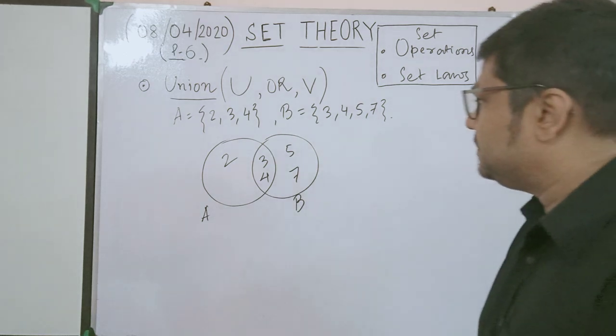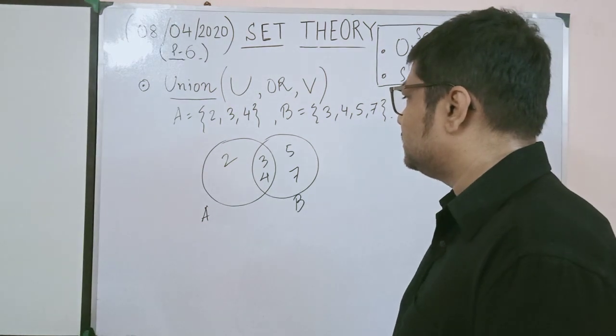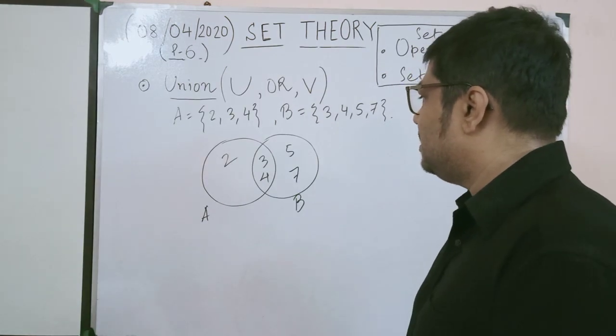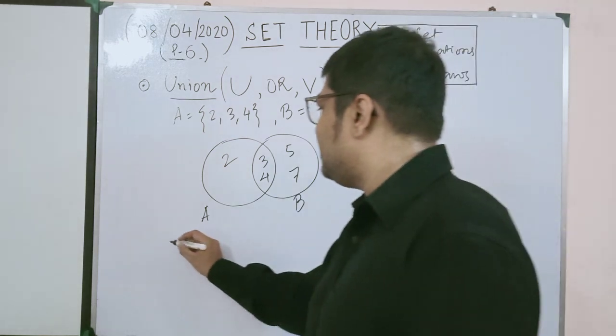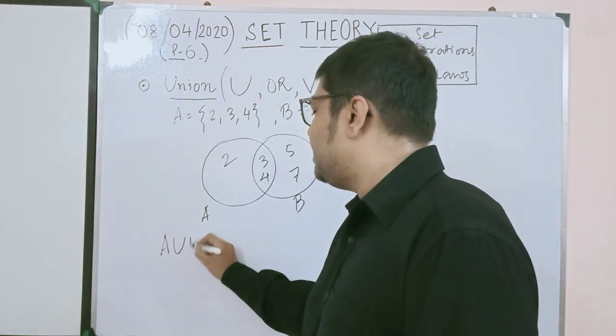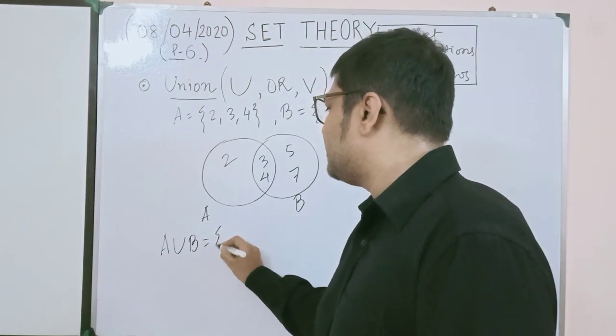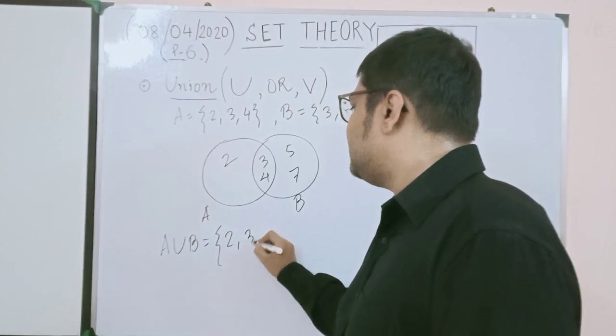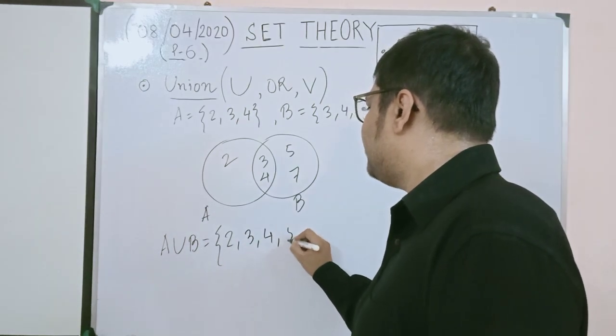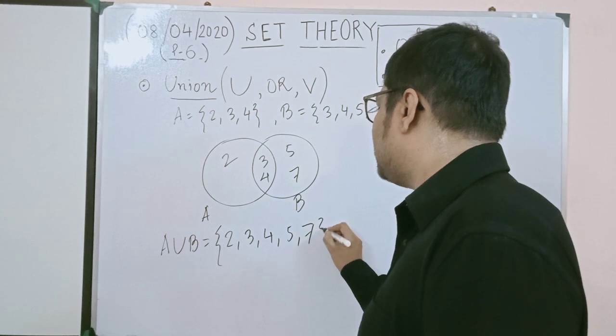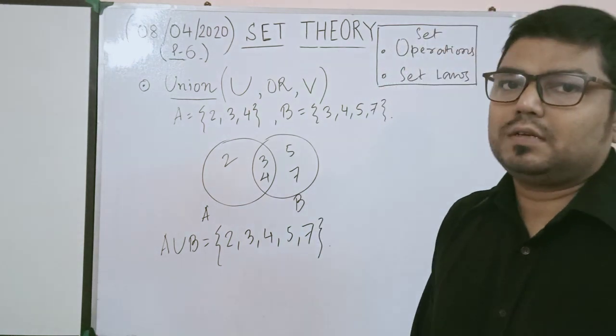So now, what to write in place of union? By union we write A union B, where we write 2, 3, 4, 5, 7. That means every element is considered once.